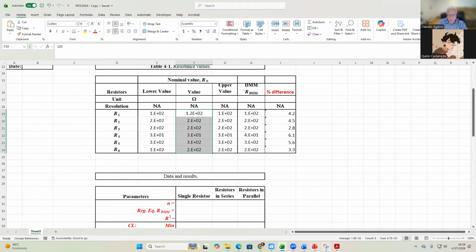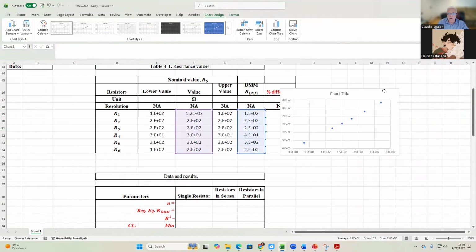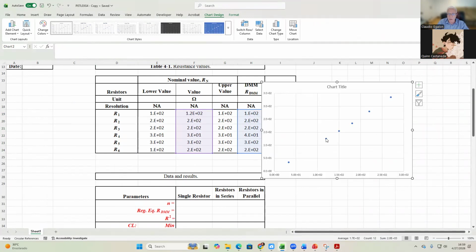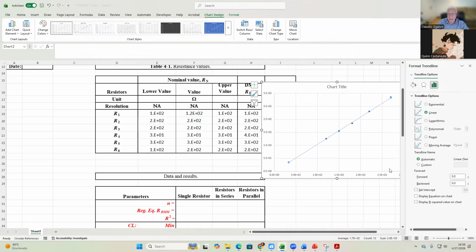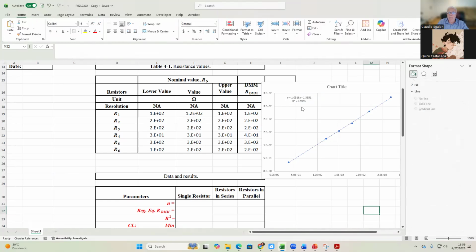Oh, your chart. Let's see if your chart looks just like mine. The first chart, you mean? Yes. Okay, does it look like that? Yes. Okay, so you got it right. And then what is the slope in your chart?